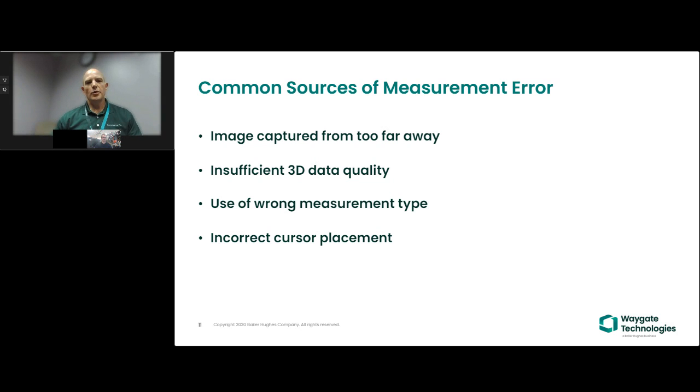And in this case we might like to know how high that material is standing off the parent material. So we've applied a depth measurement where 3 cursors are placed on the parent material.